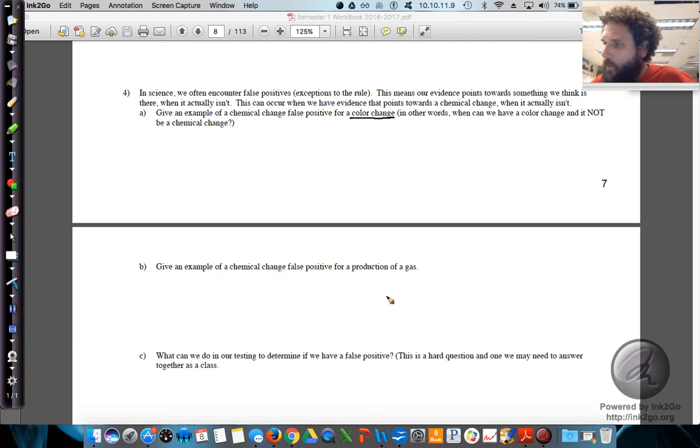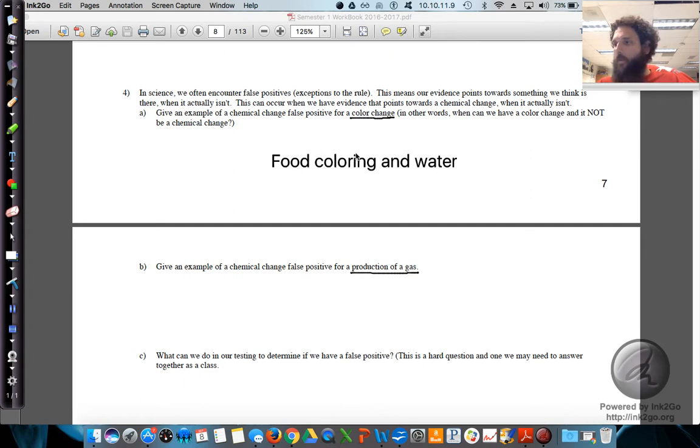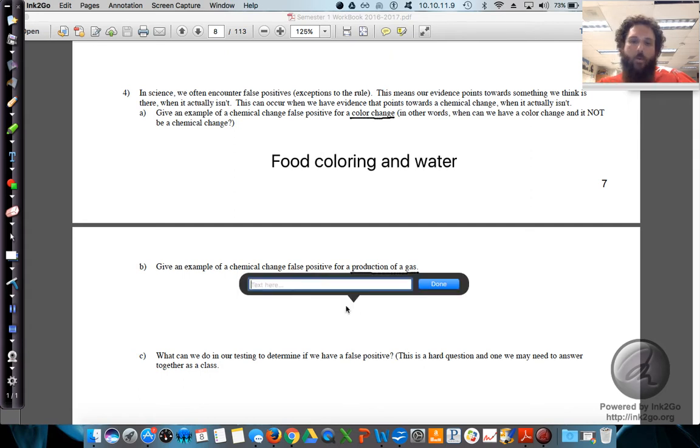We have a color change, and we have a false positive for the production of a gas. The two big ones here: we have food coloring and water.